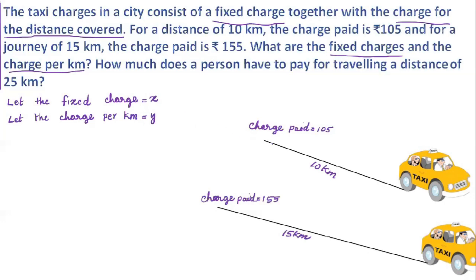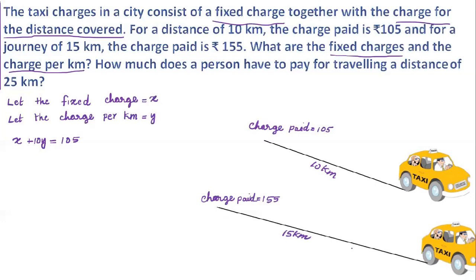Now for the distance travelled 10 kilometer, the charge paid is 105. So fixed charge plus charge for 10 kilometer. For 1 kilometer the charge is y, so for 10 kilometer the charge is 10y. Together it costs rupees 105.